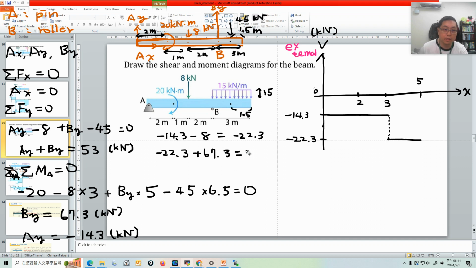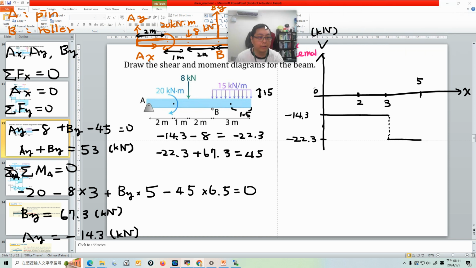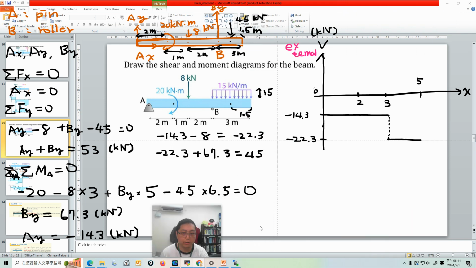So at this position, we have the reaction force from the roller support, plus 67.3, and it becomes 45. If we draw in scale, 45 might be here.